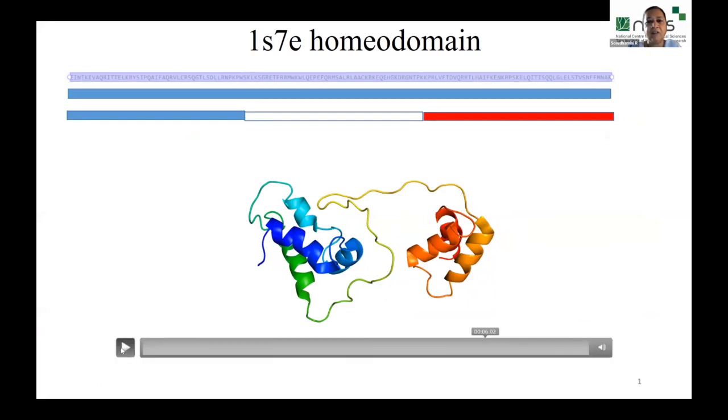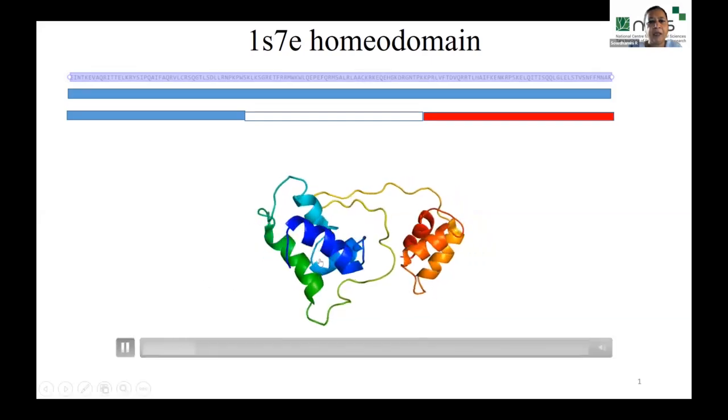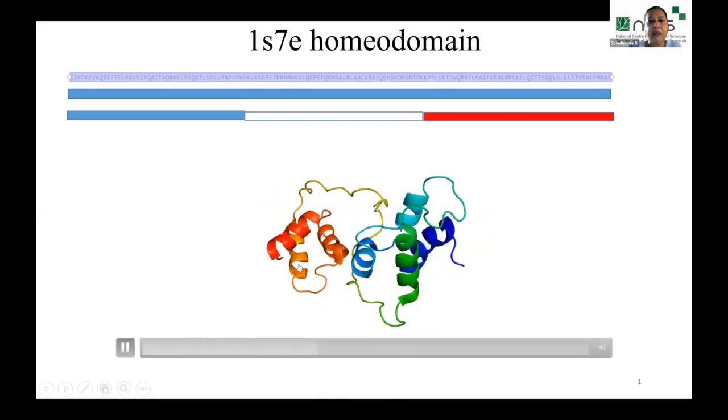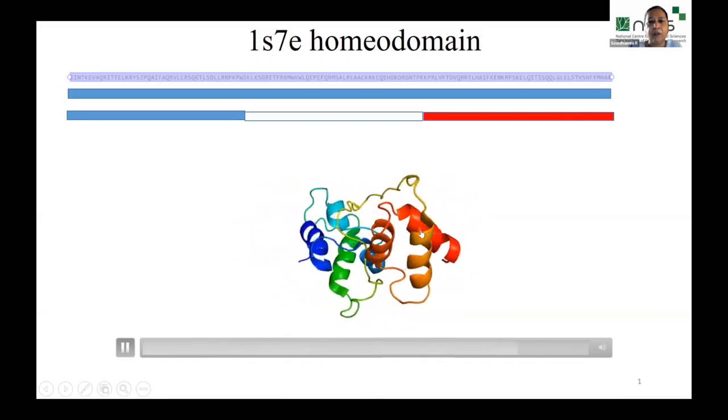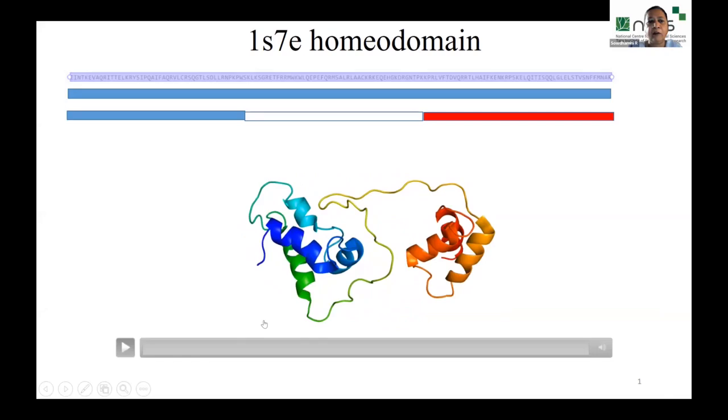And this one is an example of a homeodomain, where there are two distinct compact regions which are easy to recognize. There is, for instance, a domain in the blue and green, and then the entire domain is shown in orange and red. It seems to be a very simple domain architecture.